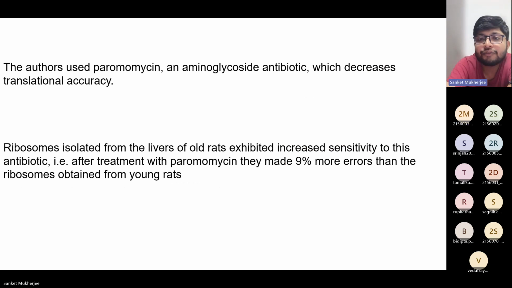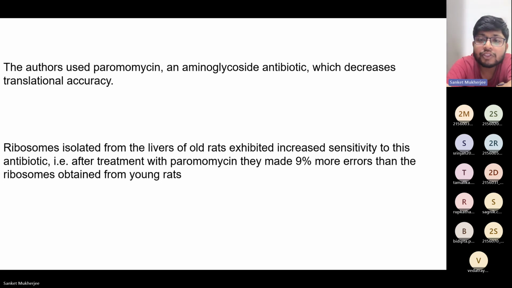Then a few authors studied whether translational accuracy has something to do with aging. What they did, they used paromomycin. It's an aminoglycoside antibiotic, so it decreases the translational efficiency, it decreases its accuracy essentially.